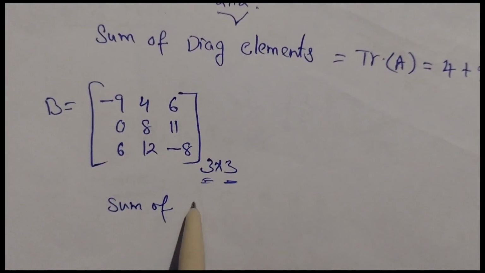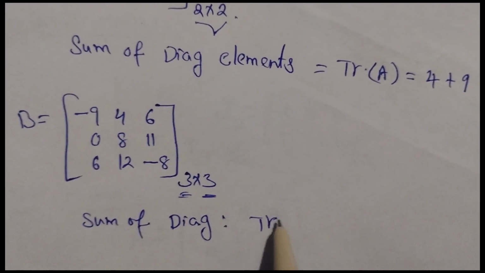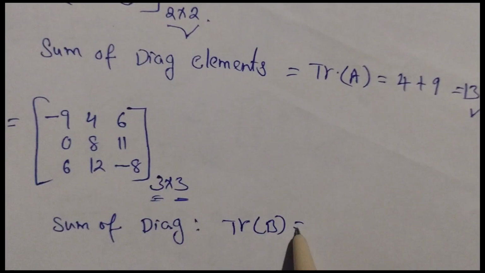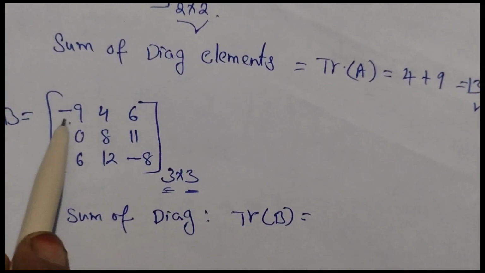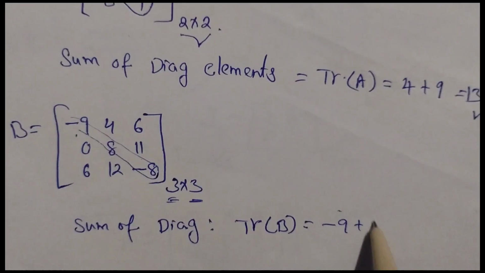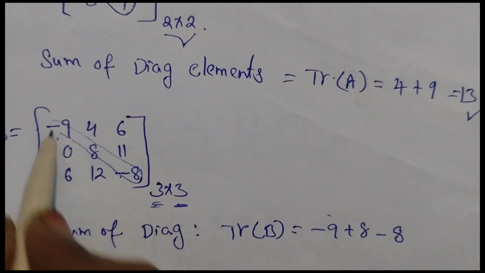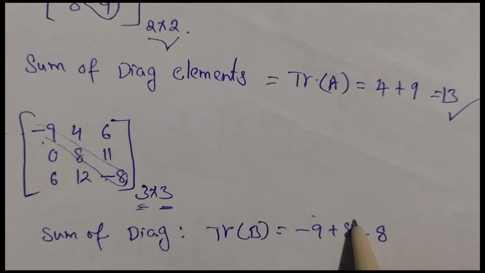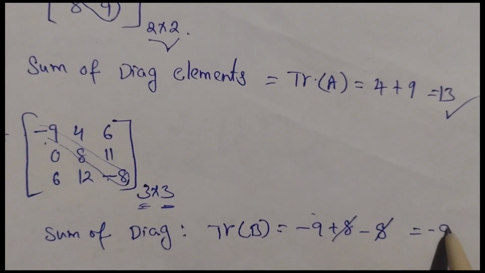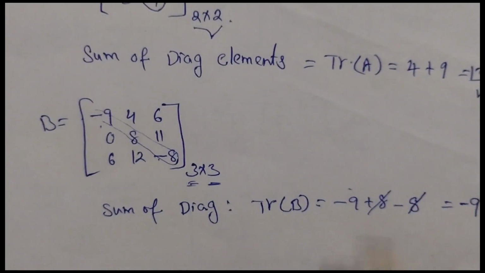The sum of diagonal elements, right? Trace of B is equal to the diagonal elements sum: minus 9 plus 8 and minus 8. Minus 8 plus 8 cancel, so minus 9 is the answer. That is the trace of the matrix B.